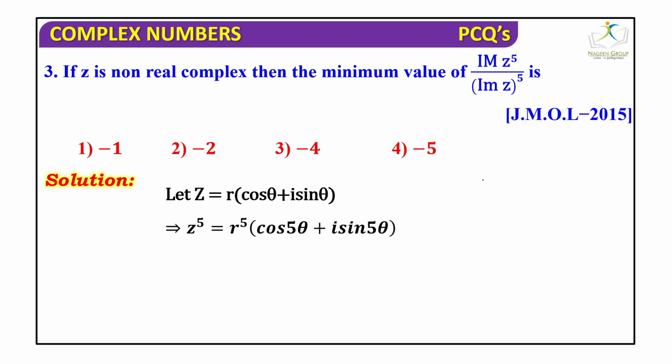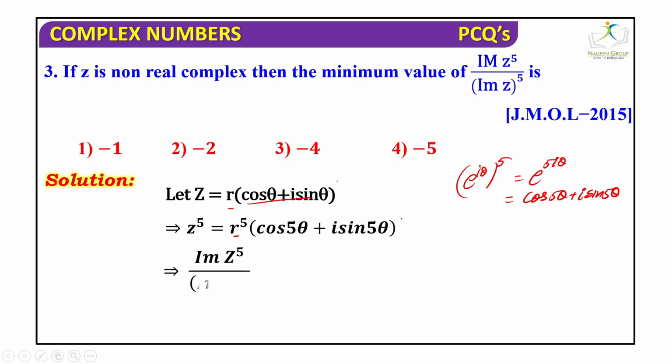Now we know E iota theta to the power 5 we can write as E 5 iota theta, so this will be equal to cos of 5 theta plus iota sine of 5 theta, right friends? So this will come equal to R to the power 5 into cos 5 theta plus iota sine 5 theta. Now according to the question, it is the imaginary part of Z to the power 5.